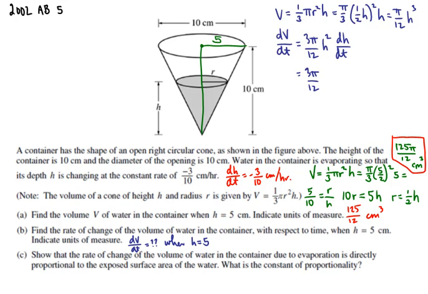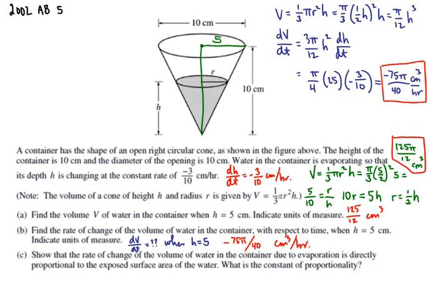And dh/dt is given to us as -3/10. And I can simplify that 3 over 12 to be 1/4. And that should simplify down to -75 pi over 40. And the units will be centimeters cubed per hour. And that does it for part B.